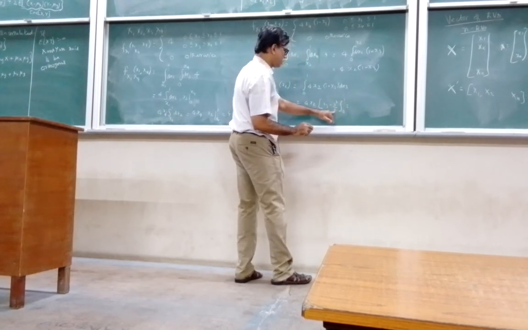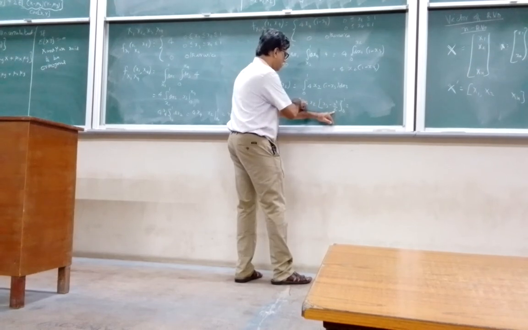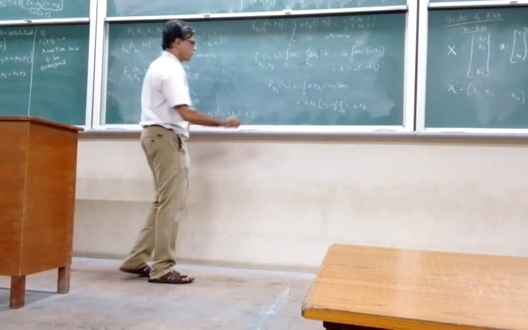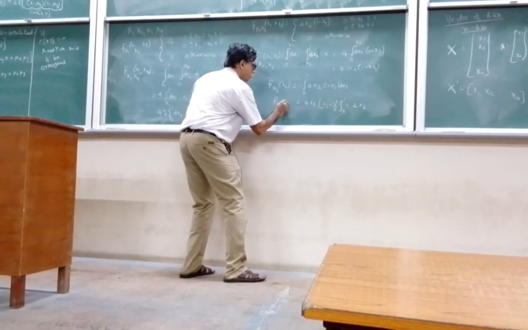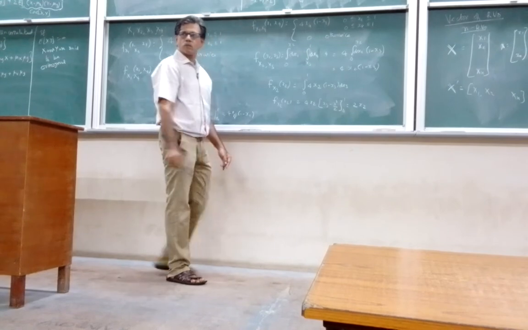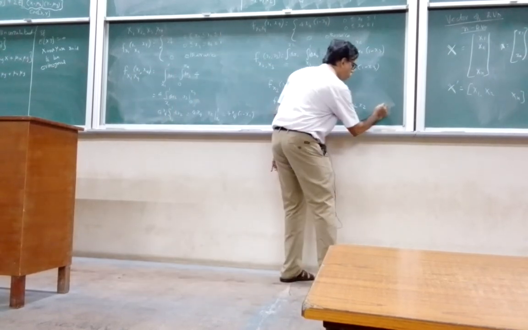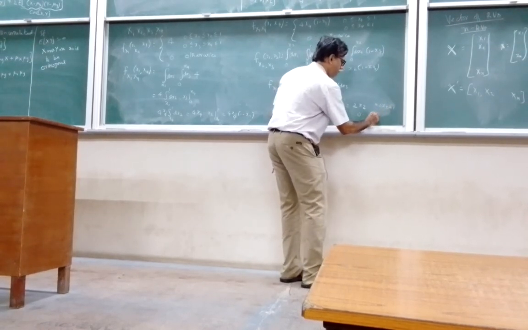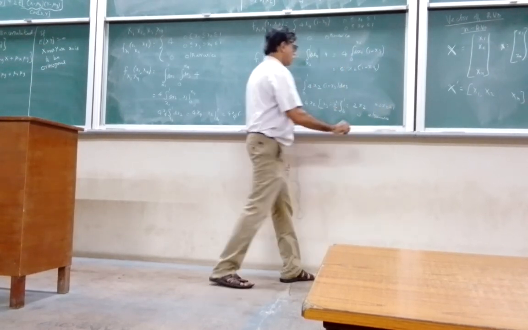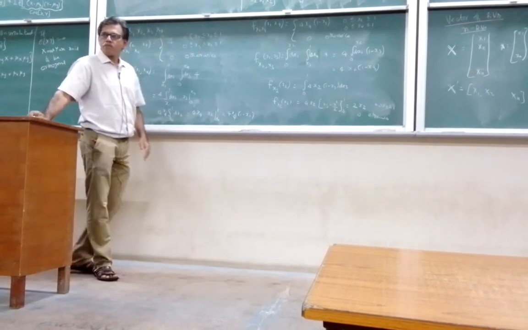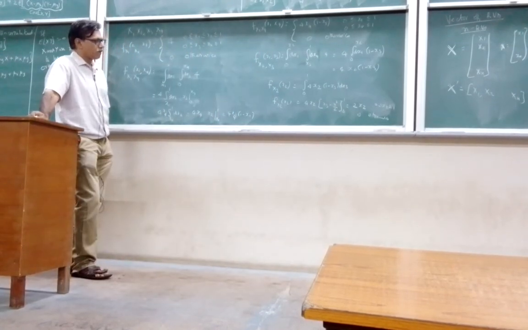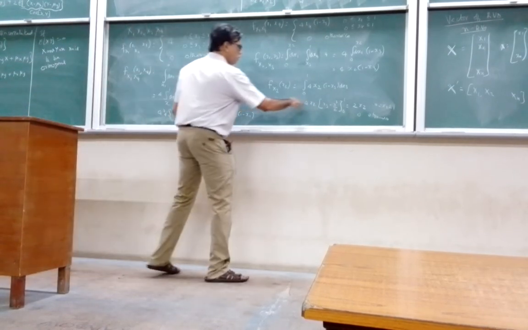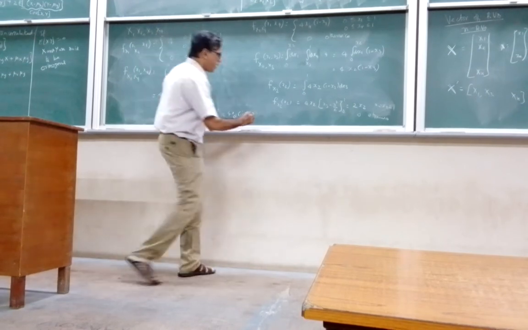So it's 1 minus half, 1 by 2, into this one, it is 2x. Like that you can find the x2 value, you can also find the expectation of x2.